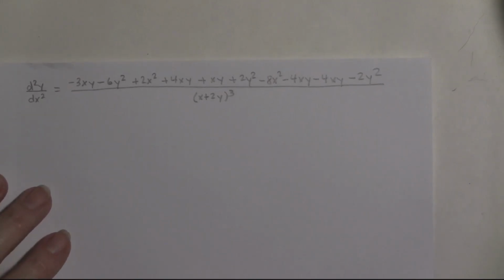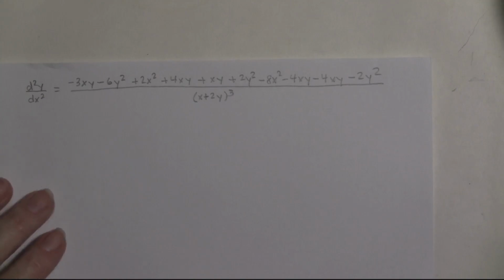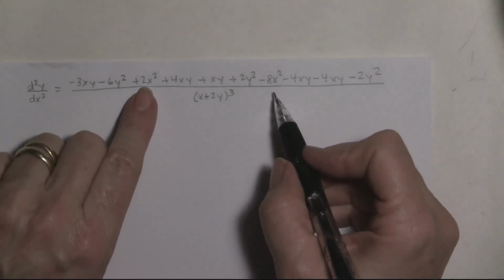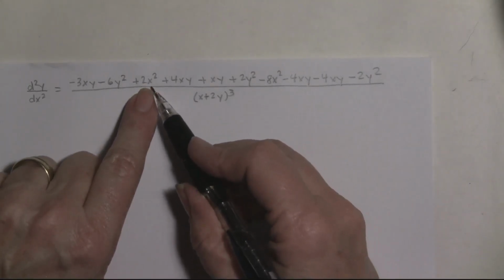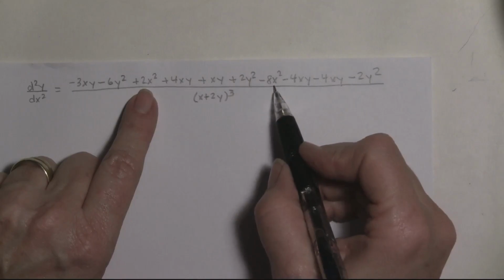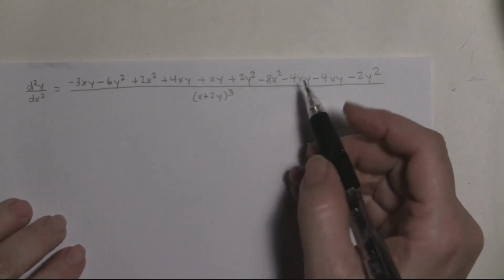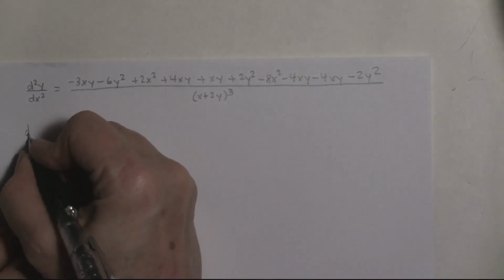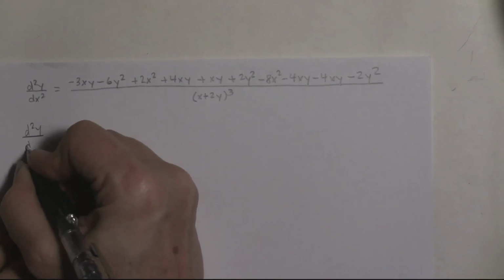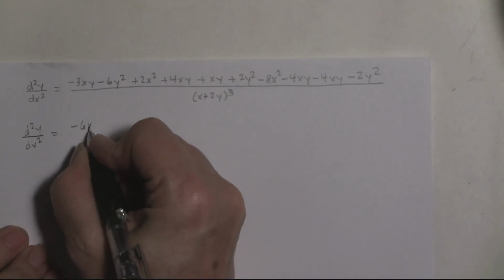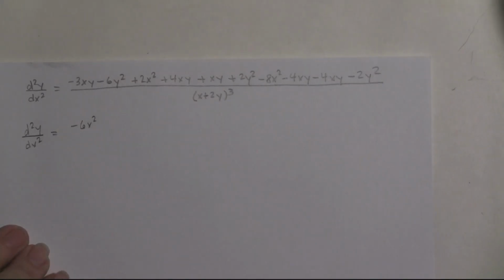So I'm going to write my x squares first, just because that would be in descending order. Right here I have 2x squared minus 8x squared, which makes minus 6x squared. So I have all the x squares out of the way.